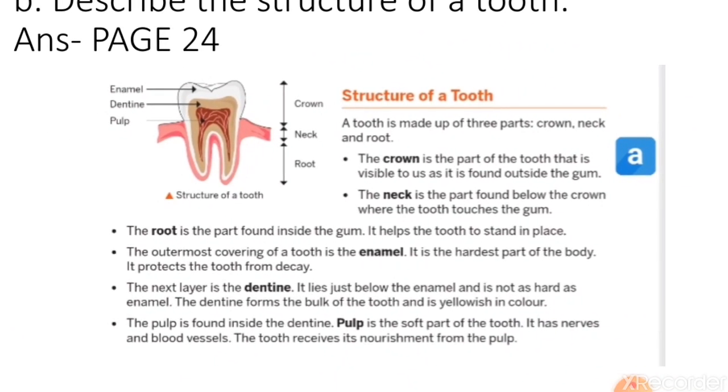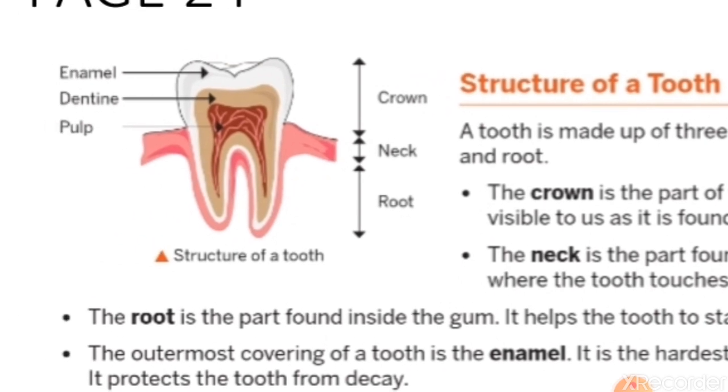So first we have to write about the crown. The visible white part of the tooth which we can see is the crown part. This is the portion which is above the gum. The second part of the tooth is the neck. The neck is the part found below the crown where the tooth touches the gum.